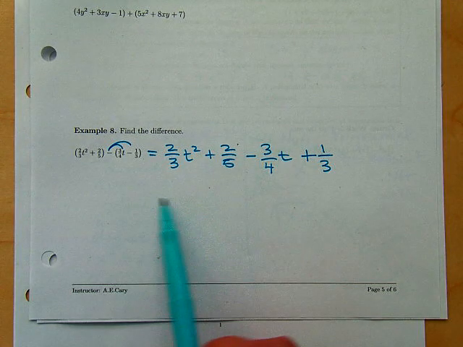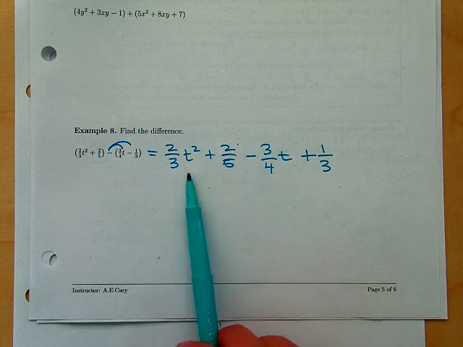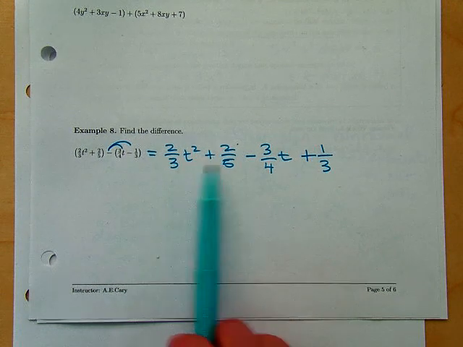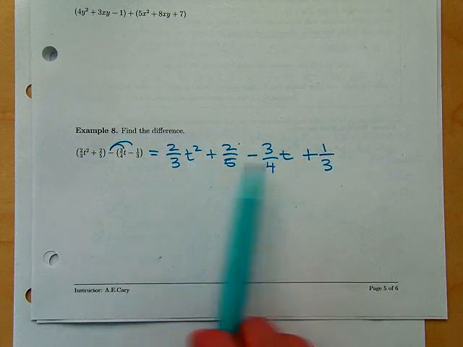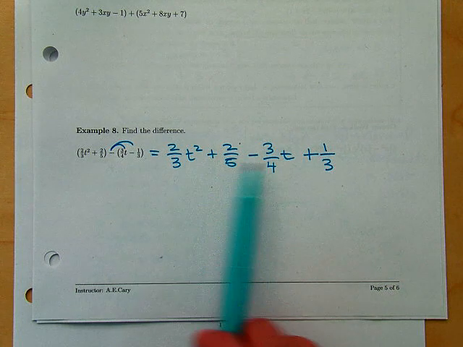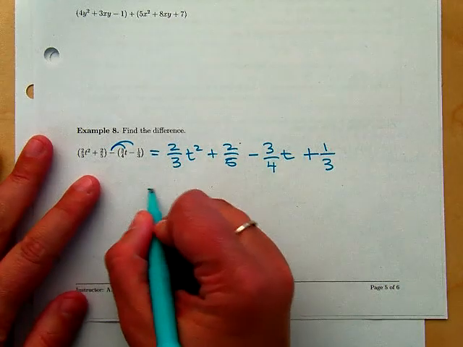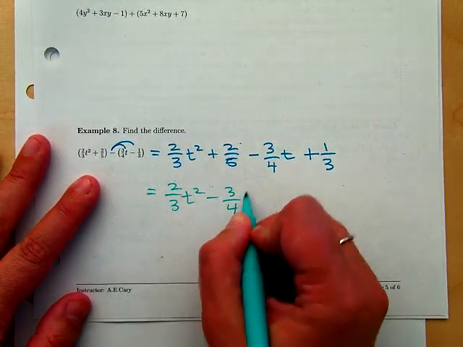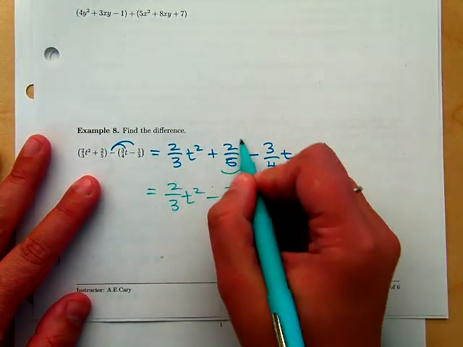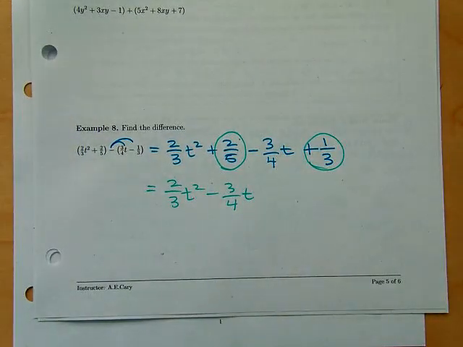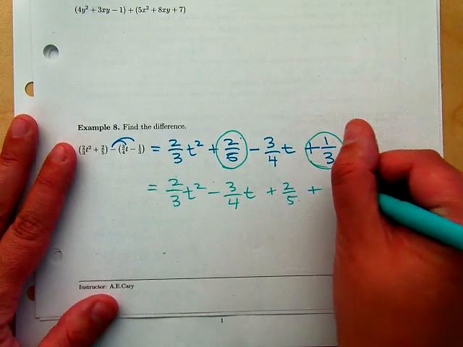What are the like terms? Can I add these two together? Are these like terms? Why not? Yes, this one has a squared, so let's just put them in order: 2/3 t squared minus 3/4 t. And then we have our constants here, with the signs, positive 2 constants. So I'm going to have plus 2/5 plus 1/3.